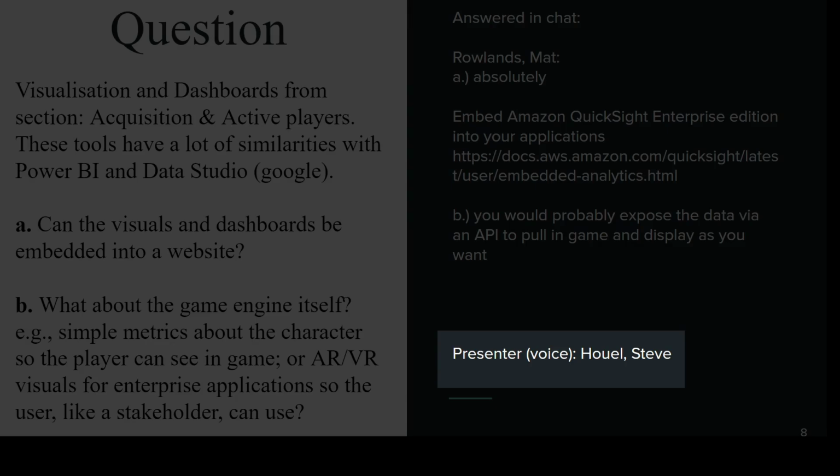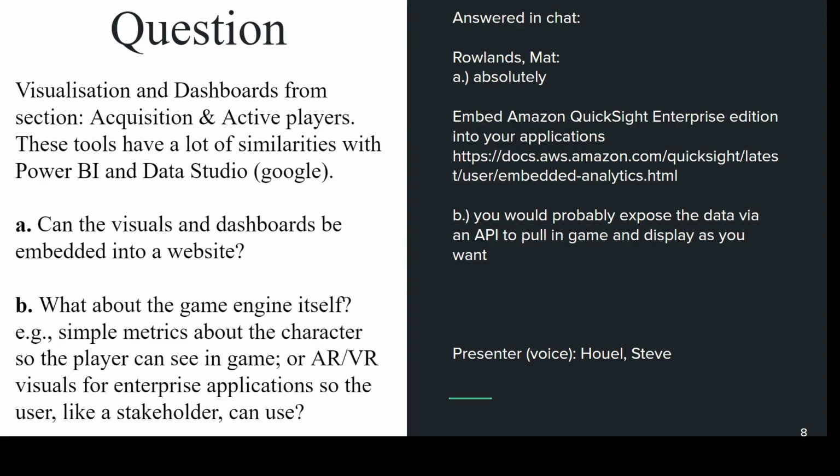So yes, those visuals can be embedded into a website. That's a feature from QuickSight. It's not mandatory to consume and use the QuickSight UI. You can definitely build your own visualization and embed those visualizations into a static website if you want. There is a lot of documentation about that.